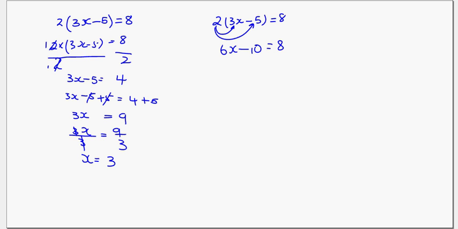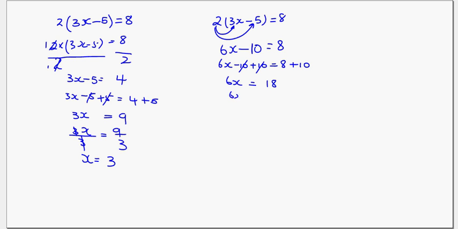Now, if you recall, this is very similar in structure to what we did before, so it's basically the same thing again. We have 6x minus 10. Do the opposite of minus 10, which is plus 10. If you do it on the left-hand side, you must also do it on the right-hand side. So I add 10 here and 10 on the other side. Minus 10 cancels with plus 10. So I get 6x is equal to 18.